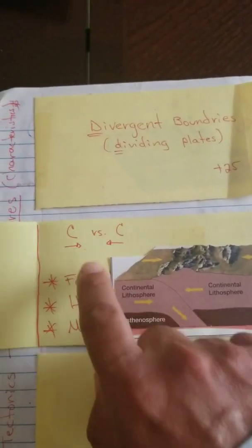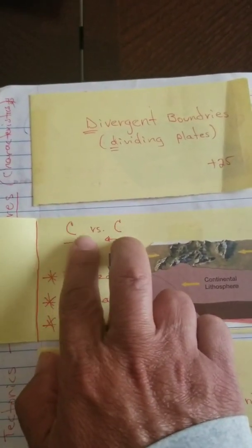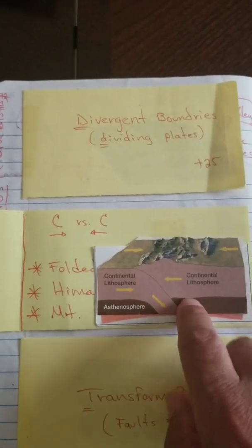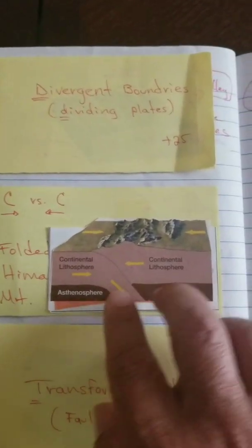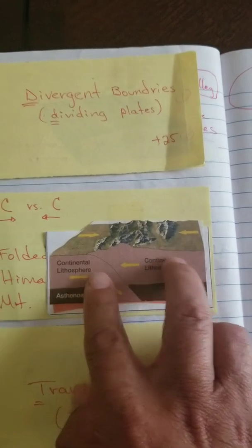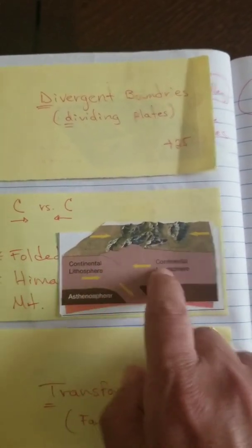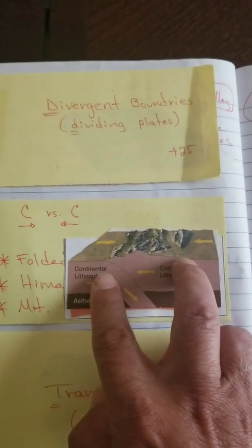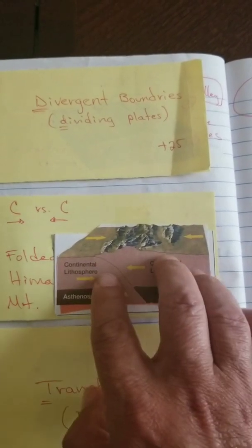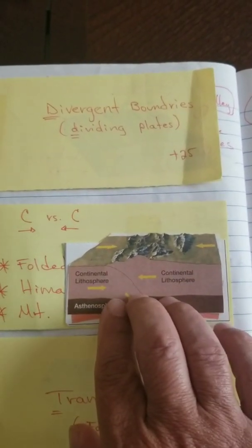The first one we're going to be looking at is when we have two continental plates colliding. Usually, due to the same density that each of those plates carries, since both of them are continental plates, they don't have an ocean on top, the density of those plates is the same.